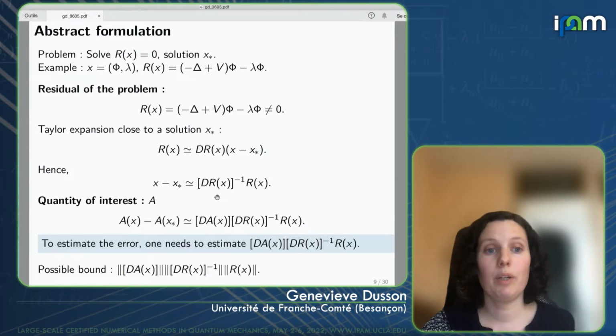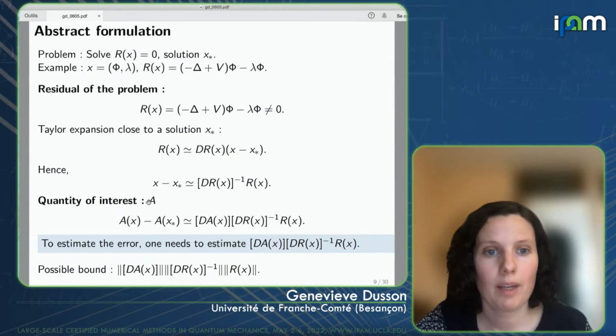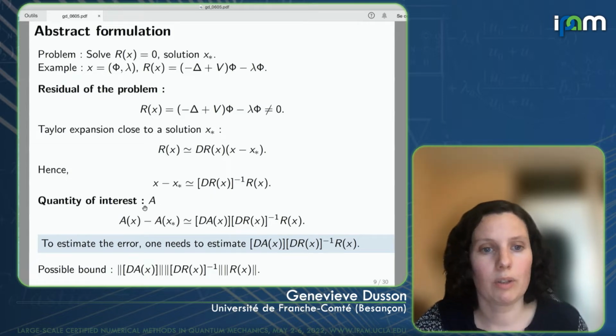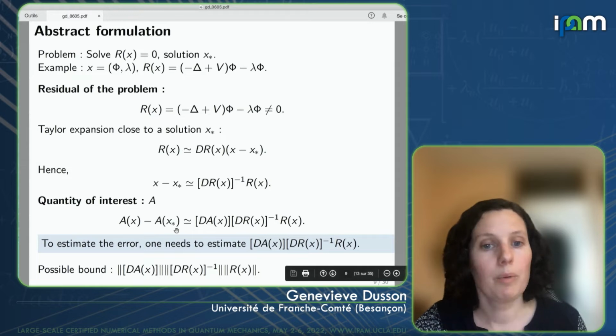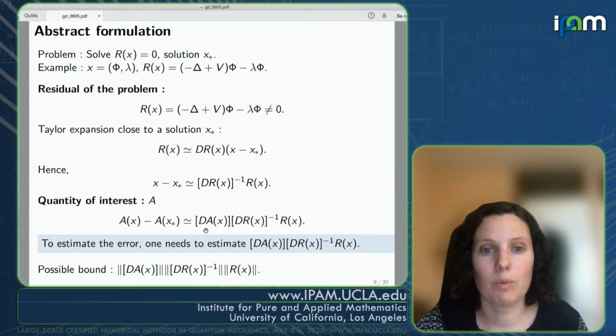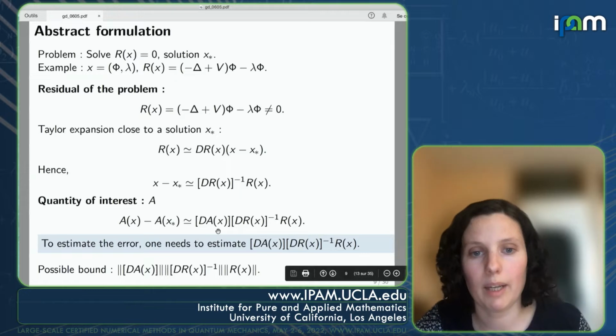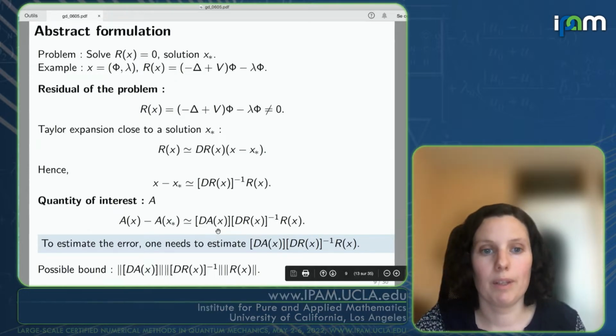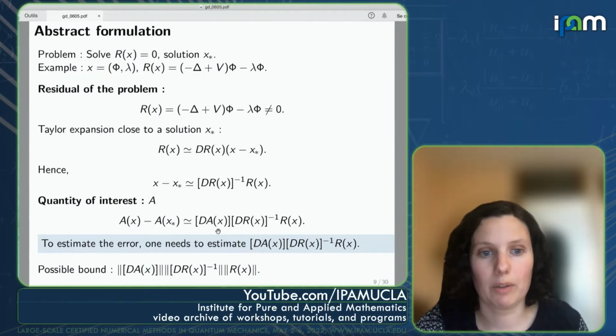Okay, so now if we look at a quantity of interest, let's call it A, then for the error between the approximate quantity of interest and the exact one, we can, in the same way, write down a first order Taylor expansion, and then we obtain this expression for an approximation of the quantity of interest error.